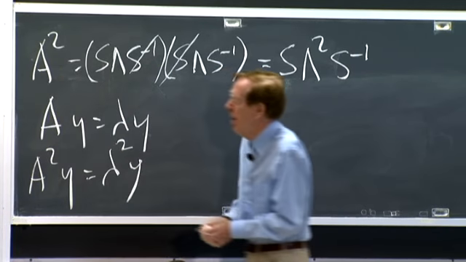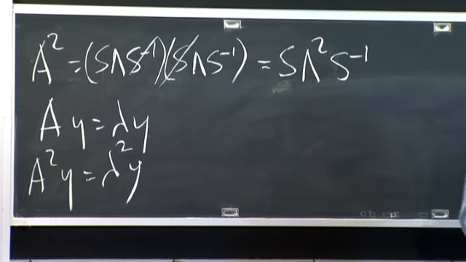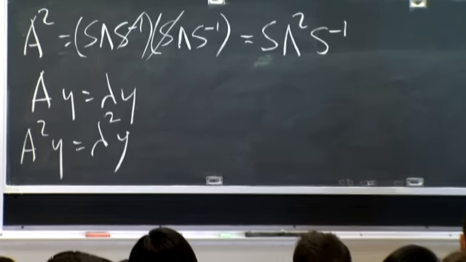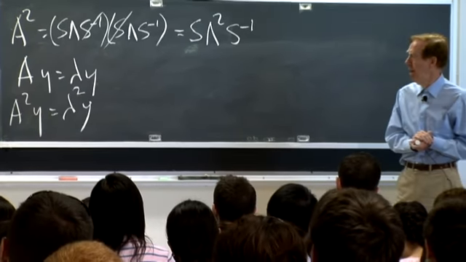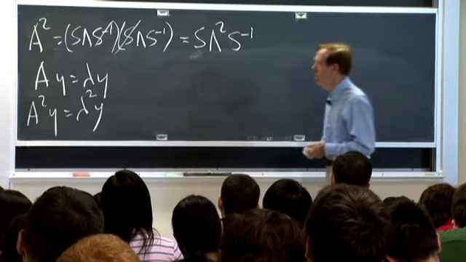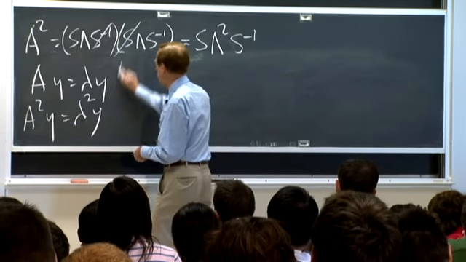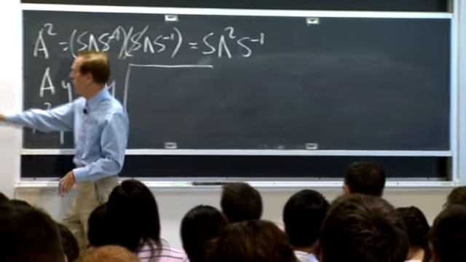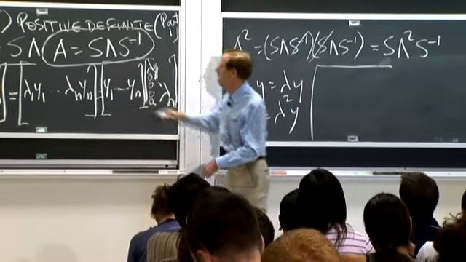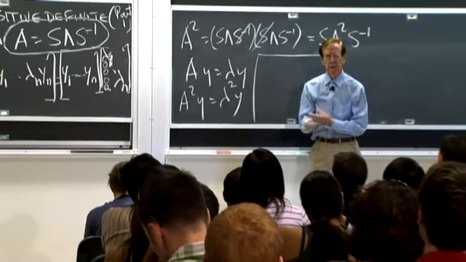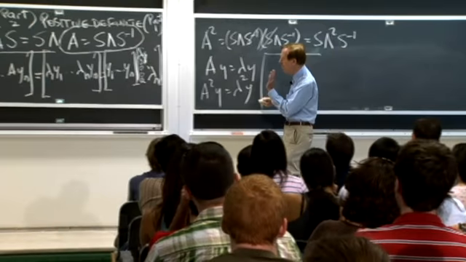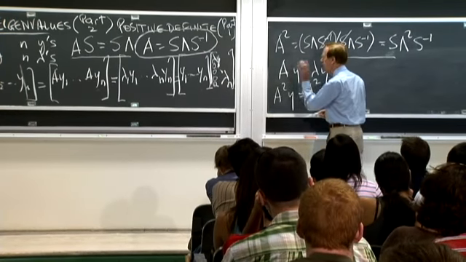And of course, what about A inverse? We might as well mention A inverse. Suppose A is invertible. Then what do I learn about A inverse? Can I just invert that? I'm just playing with that formula, so you'll get handy with it.